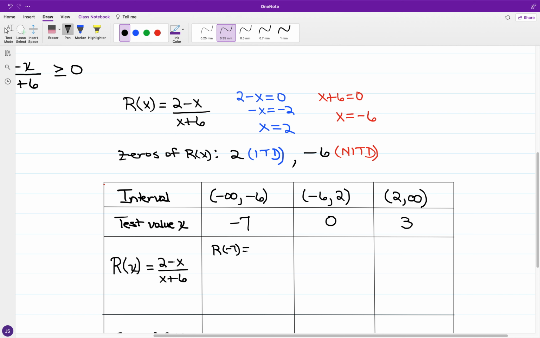And for r of -7, we're looking at 2 minus -7 all over -7 plus 6. 2 minus -7 would be 2 plus 7. -7 plus 6 is -1. And so for r of -7, that is going to reduce to -9.